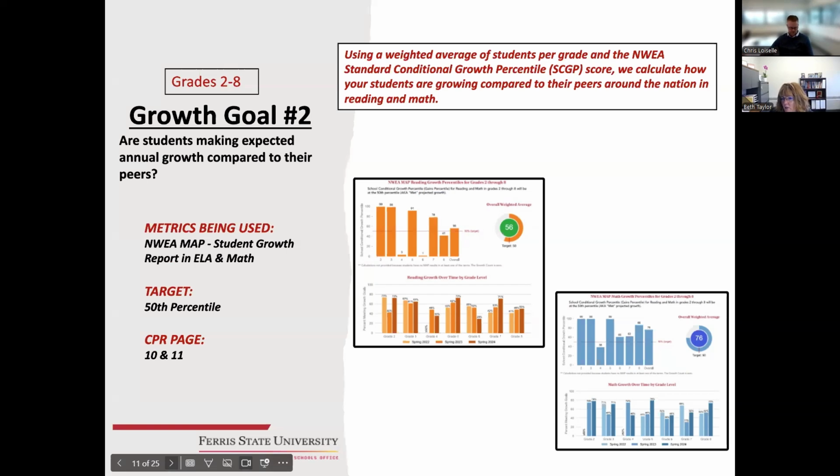We calculate how your students are growing compared to their peers around the nation in reading and math. All academies have the same target here of 50th percentile. So in this case, we're looking at these 2 scores. The academy here would be meeting its target in ELA, and exceeding its target in math. We've also included at the bottom some more trend data information for you.